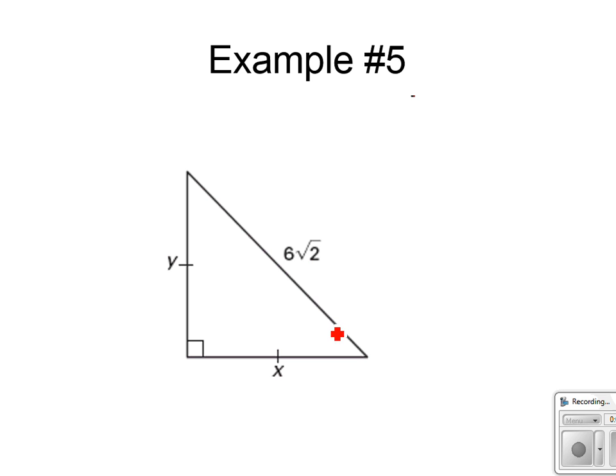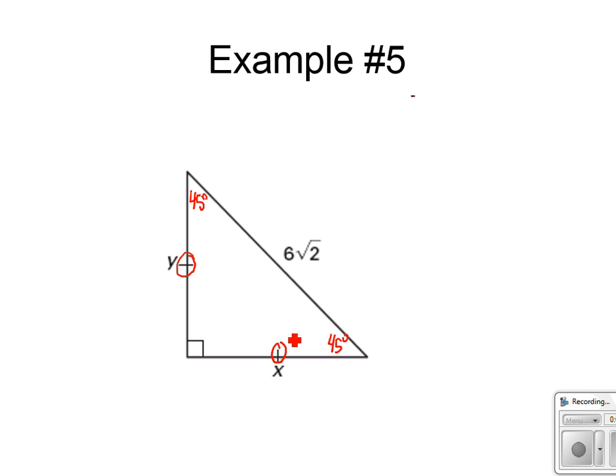Okay, now hopefully we can figure out if this is a 30, 60, 90 triangle or a 45, 45, 90 triangle. I have this little information here that tells me that these are congruent. So if they are congruent, I know that I'm working with a 45, 45, 90 triangle.